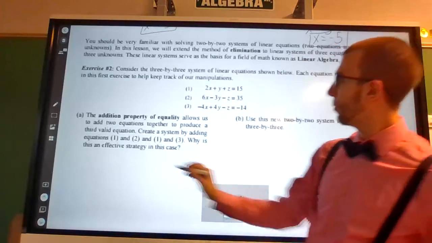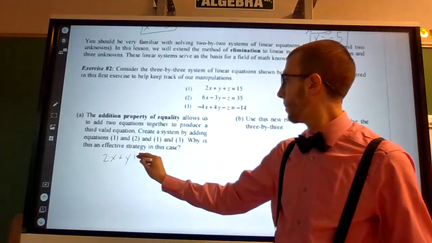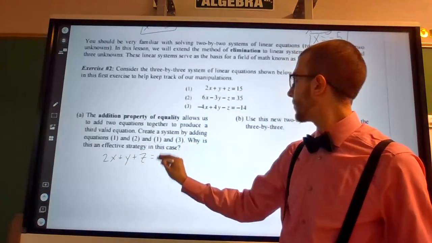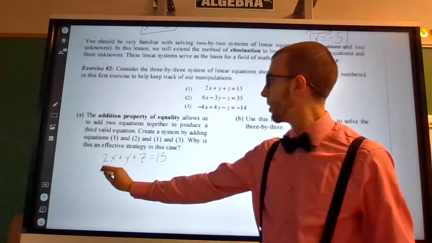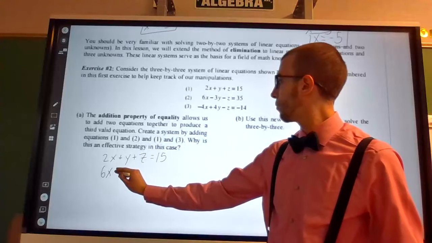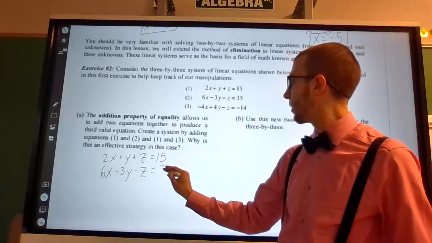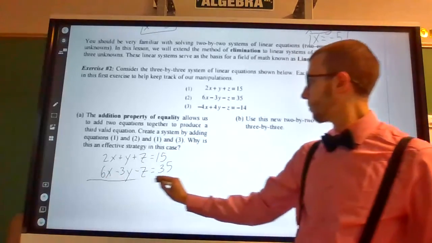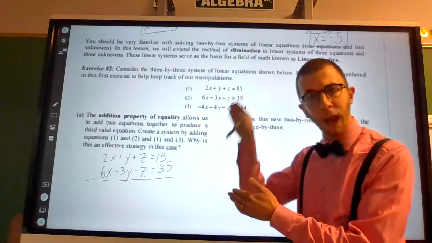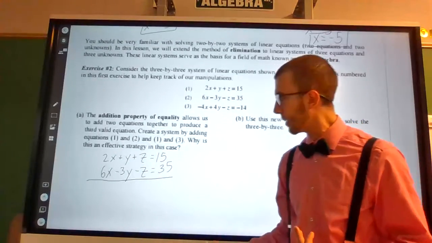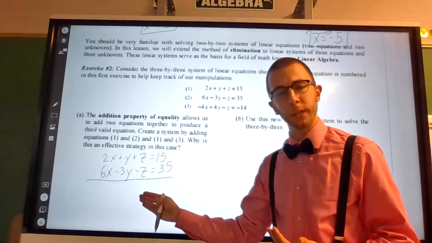You're going to take equation 1, which is 2x plus y plus z equals 15. And I'm adding that to equation 2, which is 6x minus 3y minus z equals 35. Okay? Hopefully you guys noticed, just from me writing those down or from you looking at the equations, that our z variables now have opposite coefficients here.